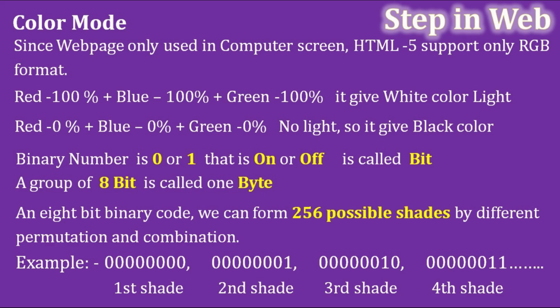In that 8-bit binary code, we can form 256 different binary numbers with different permutations and combinations. Each binary number will be allocated one color shade, so we can create 256 shades from one 8-bit binary number.